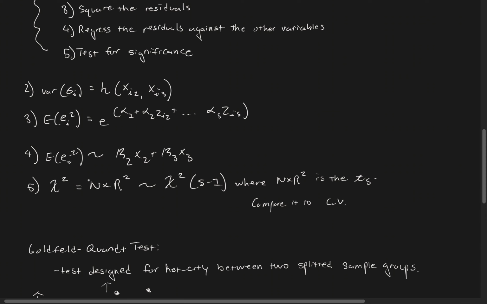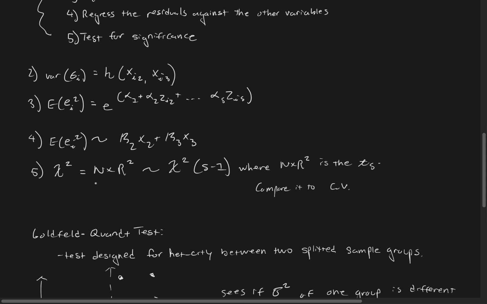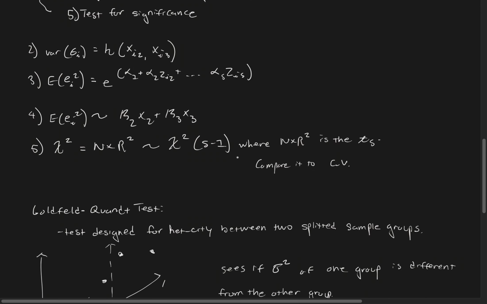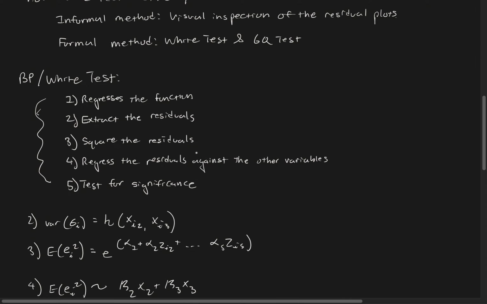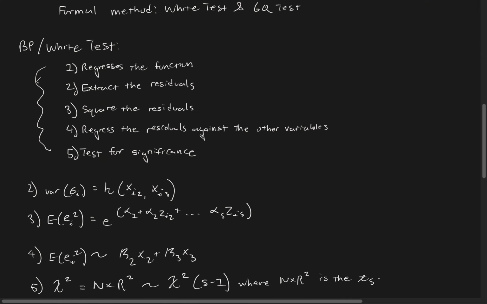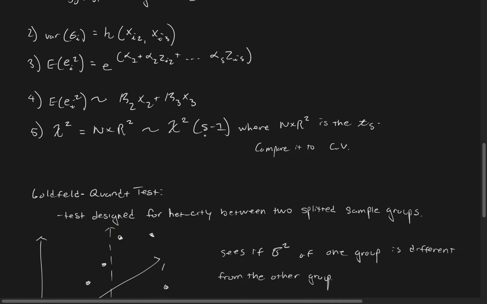And if our chi-squared statistic, the sample size times the R squared, is high compared to the critical value, then our null is rejected, and so we conclude that we have heteroskedasticity.